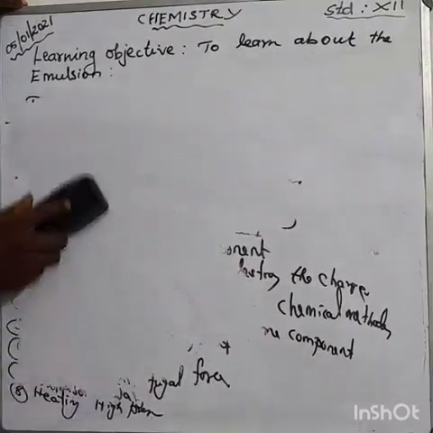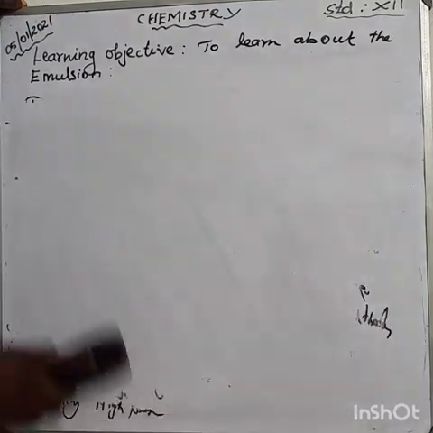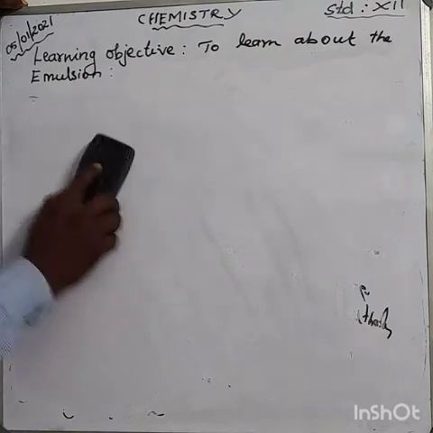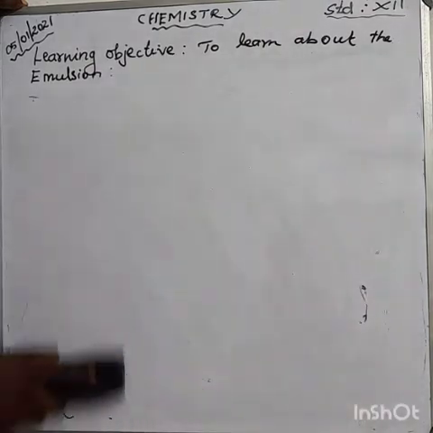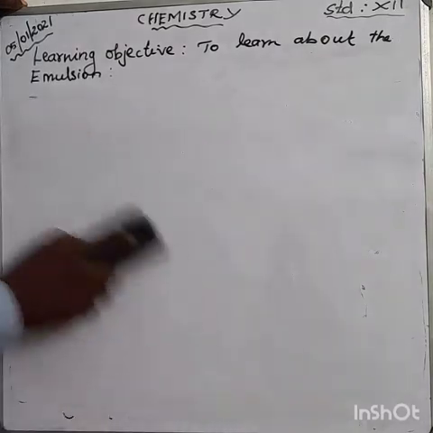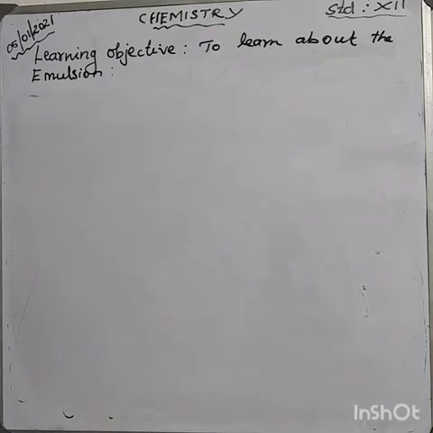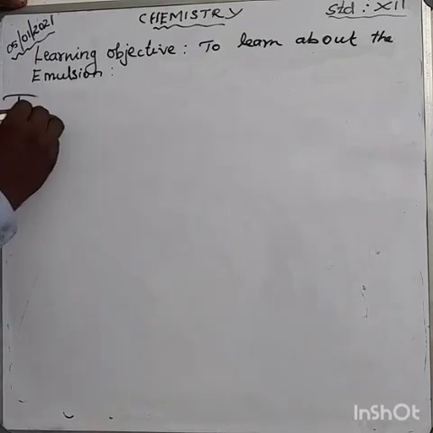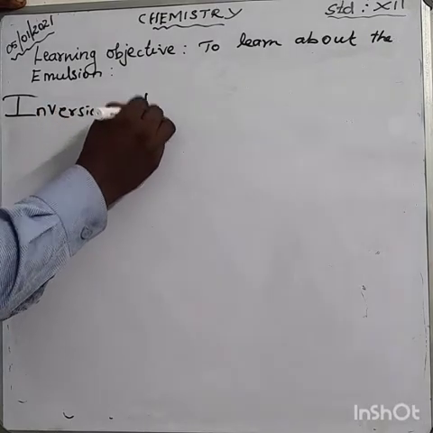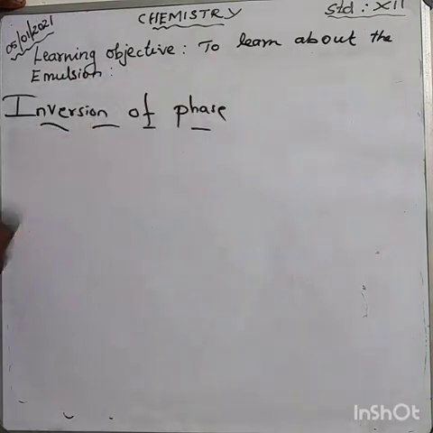Next, we have to discuss inversion of phase. What is inversion of phase? That is the change of one form into another form. That means water in oil or oil in water. We are changing one form into another form. Inversion of phase.